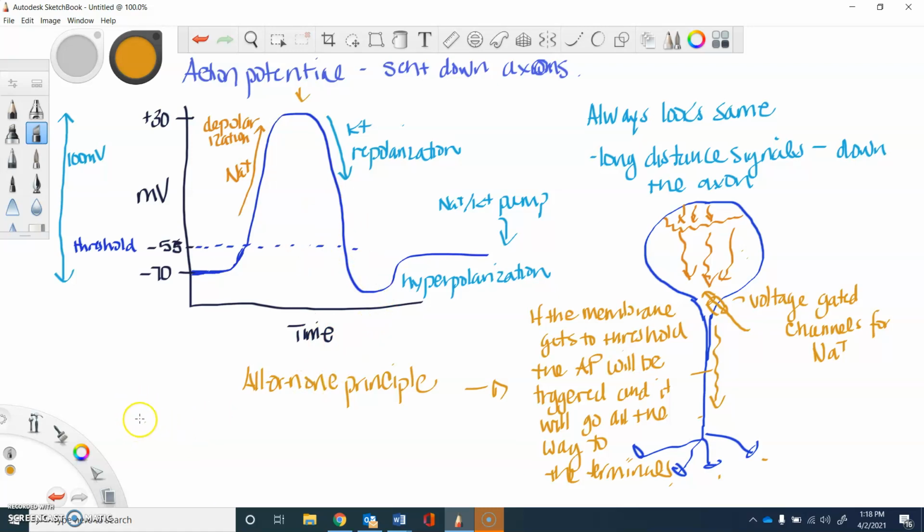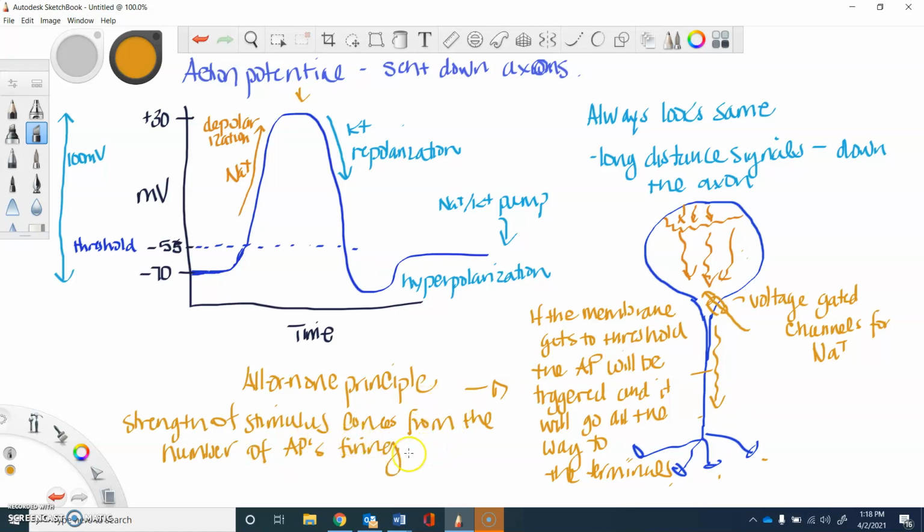The strength of the stimulus comes from the number of action potentials firing.